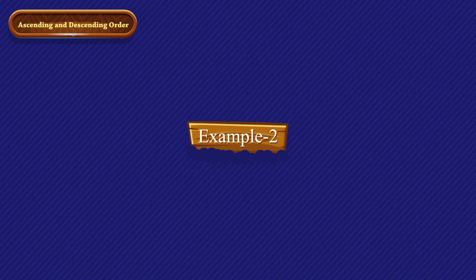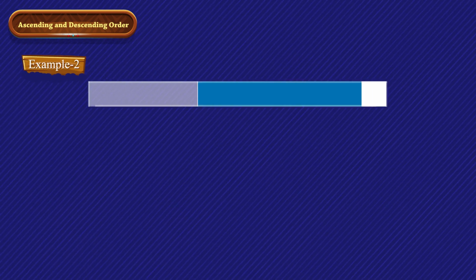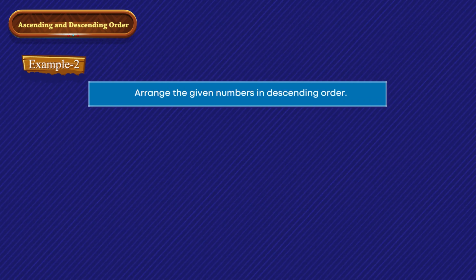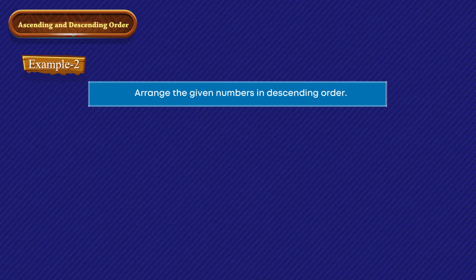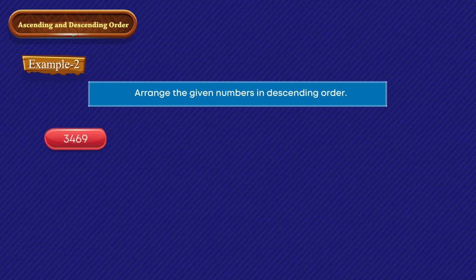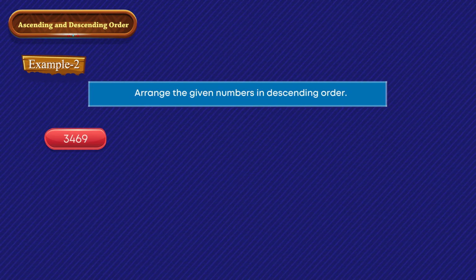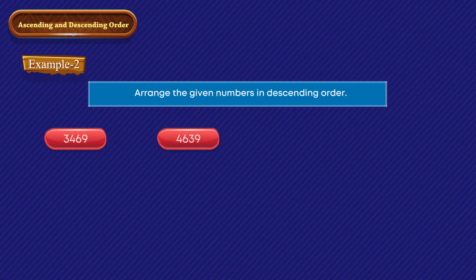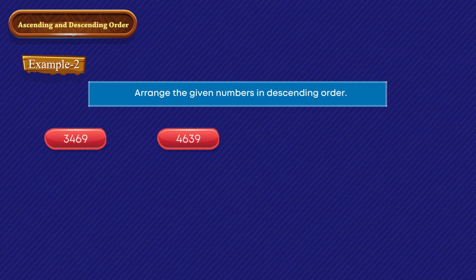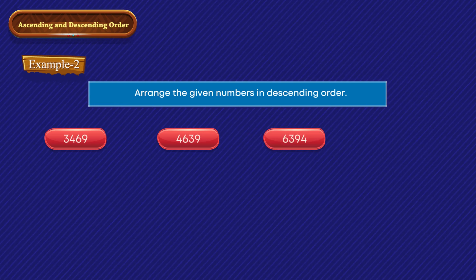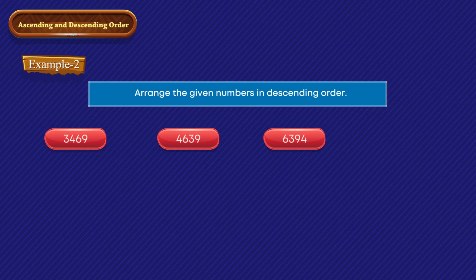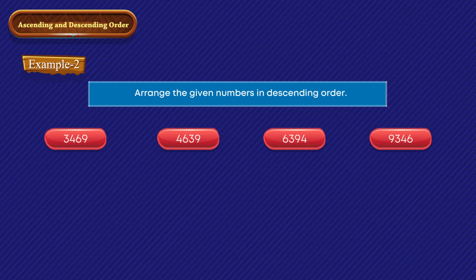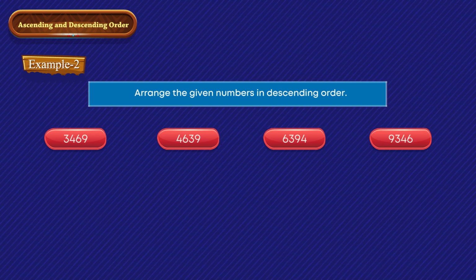Example 2. Arrange the given numbers in descending order. 3469, 4639, 6394, 9346.